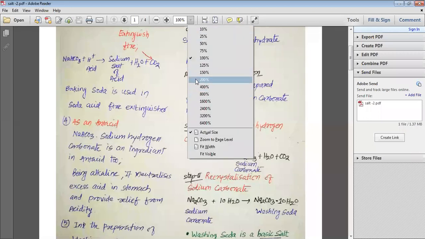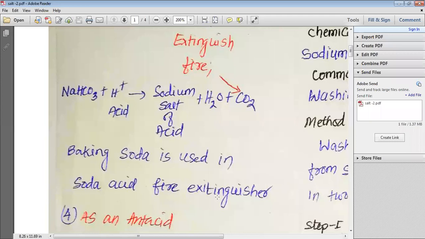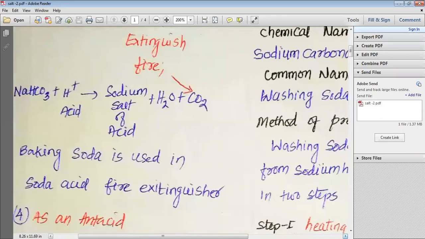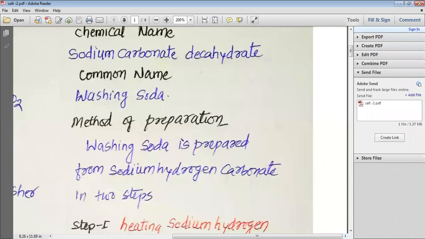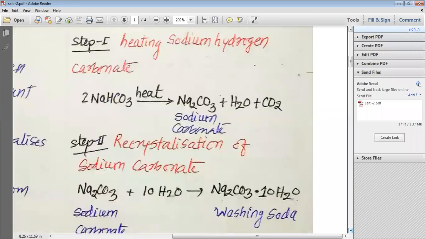See what happens when we heat NaHCO3, sodium hydrogen carbonate. You can see on your screen that when 2NaHCO3 is heated, it gives us sodium carbonate, Na2CO3, and the water molecule, H2O, and it produces carbon dioxide gas.